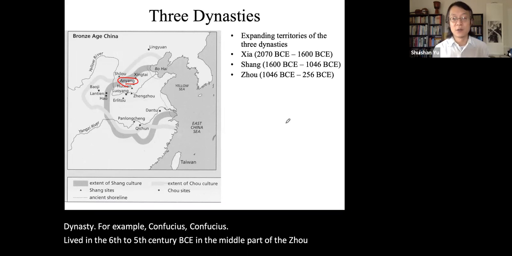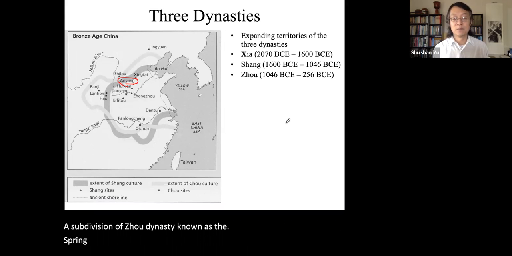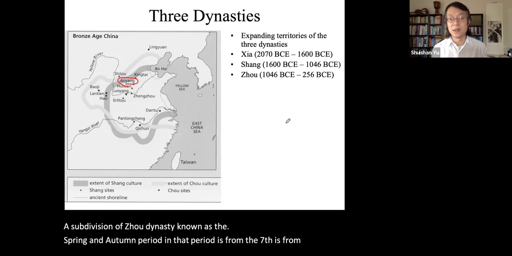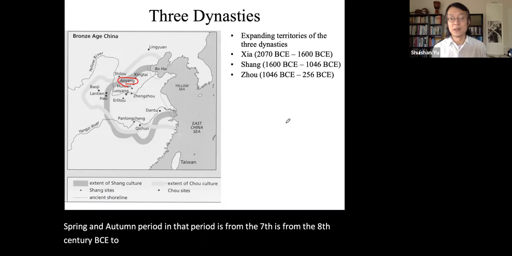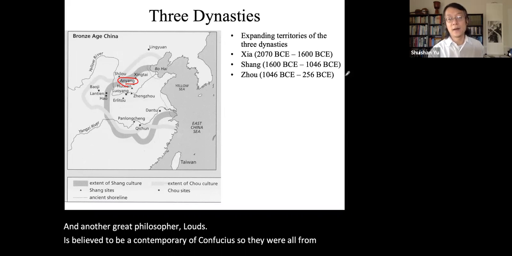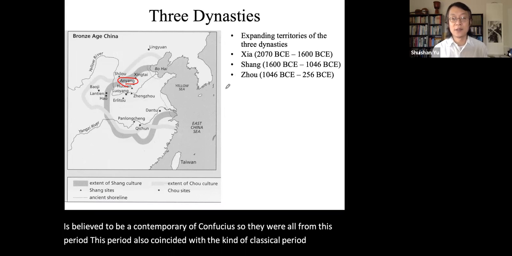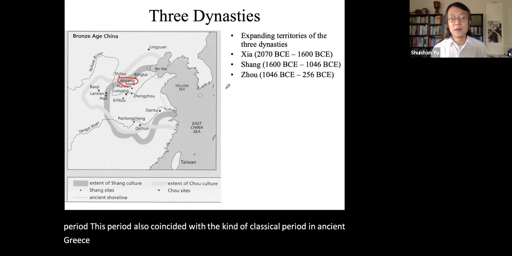A subdivision of Zhou dynasty known as the Spring and Autumn period. And that period is from the 8th century BCE to the 5th century BCE. And another great philosopher, Lao Tzu, is believed to be a contemporary of Confucius. So they were all from this period. This period also coincide with the classical period in ancient Greece and ancient India.